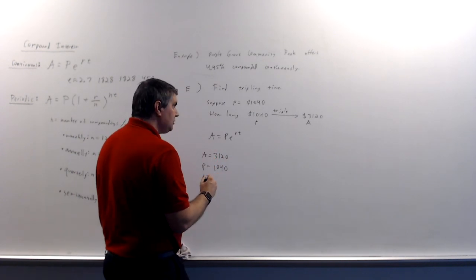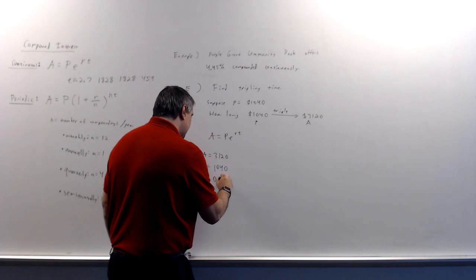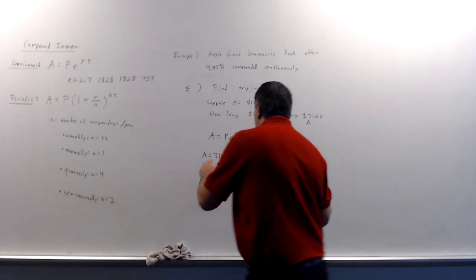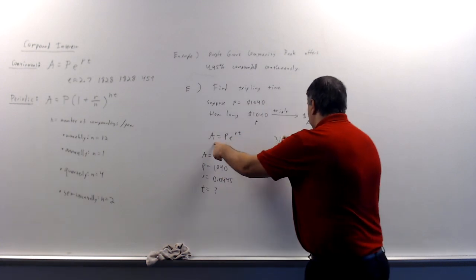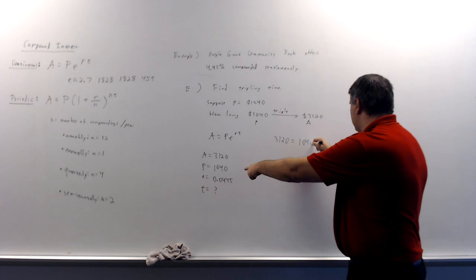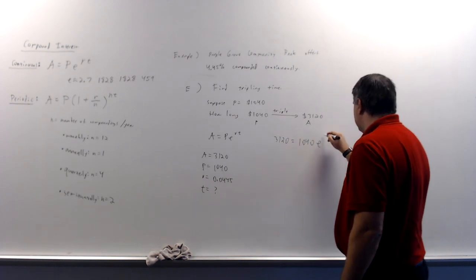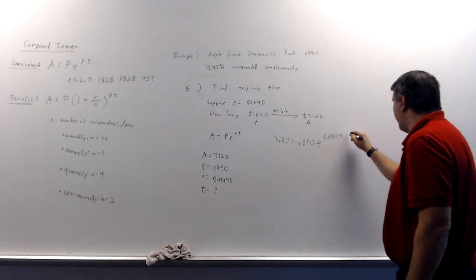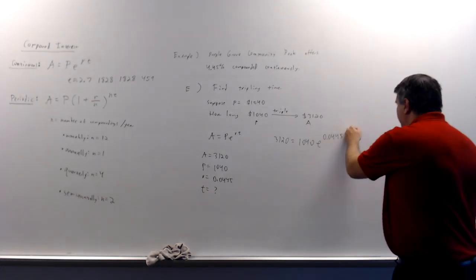The rate is still 0.0445, and T we don't know. So when will 3120 equal 1,040 e to the 0.0445 times t power.